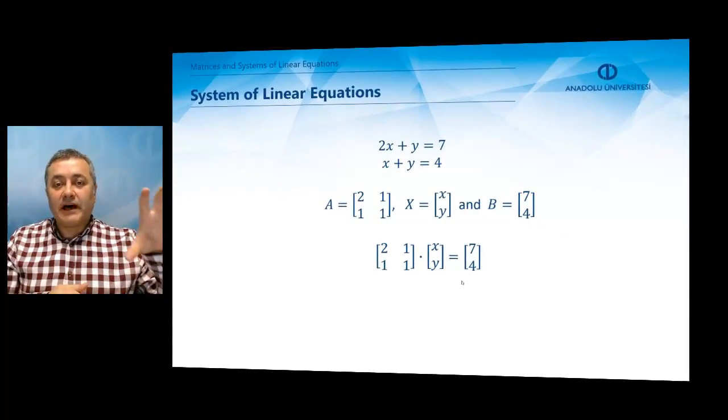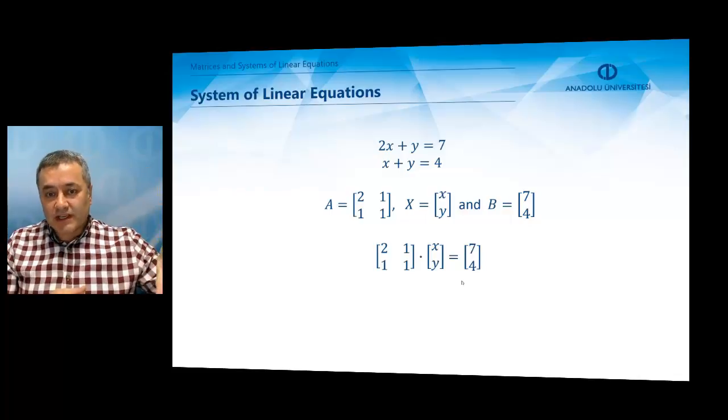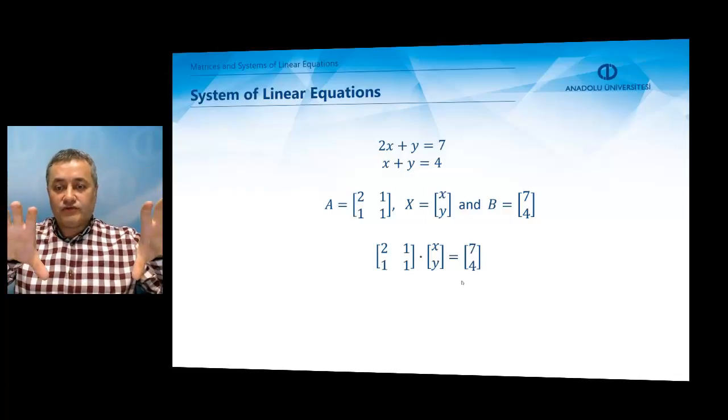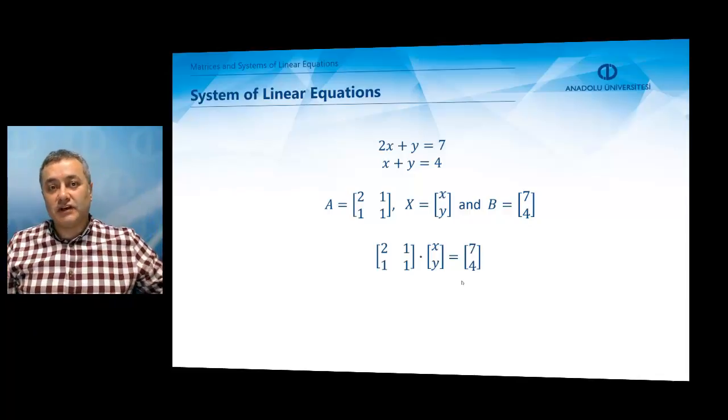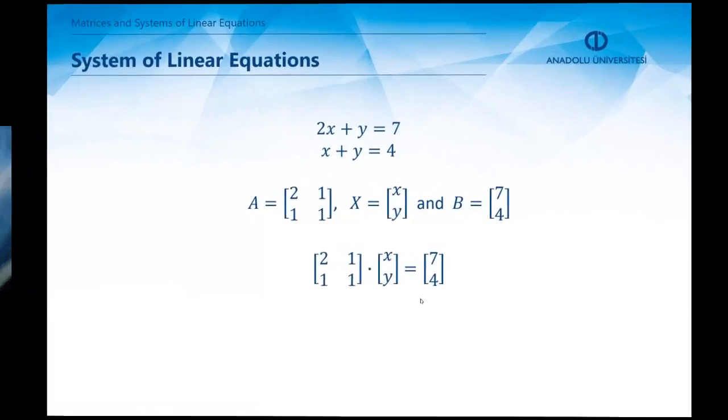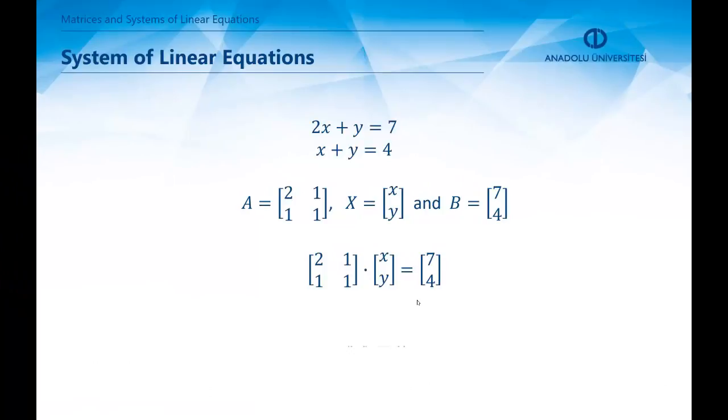So if I multiply the coefficient matrix A by the unknown column matrix X, I get the left-hand side of these linear equations. And what's the right-hand side? It is another column matrix, which is given by B equals 7, 4. So all I need to do is write this linear system of equations in terms of their matrix notation.